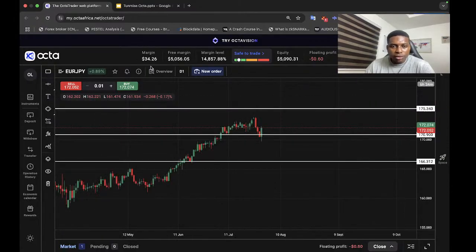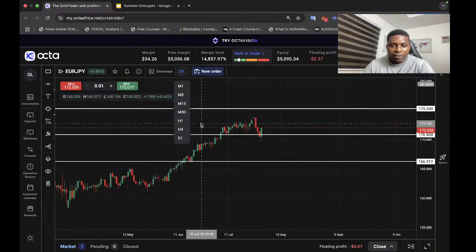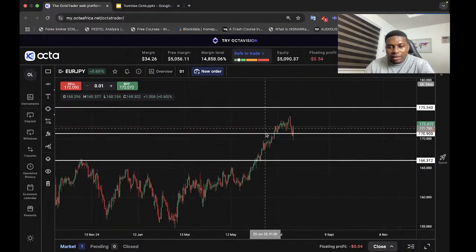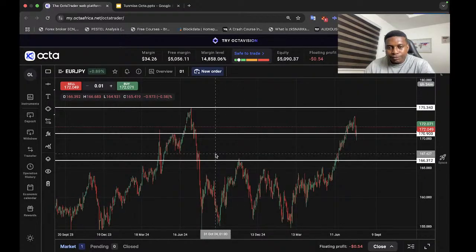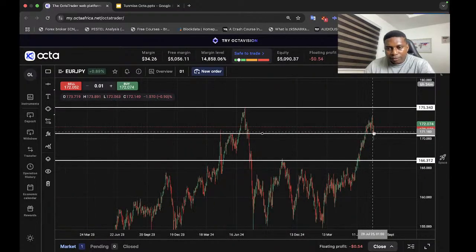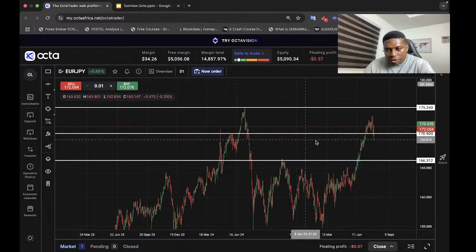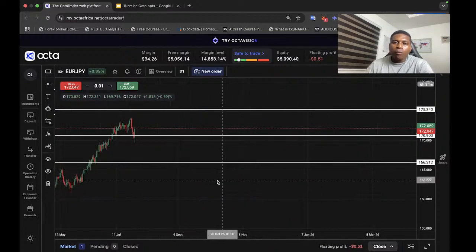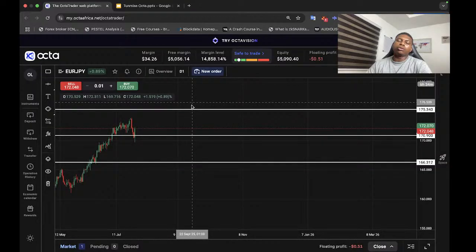Let's go down to the 4 hours time frame. But before we go to the 4 hours time frame, observe that price at this level broke below this support zone, and now price has broken back through the resistance zone.